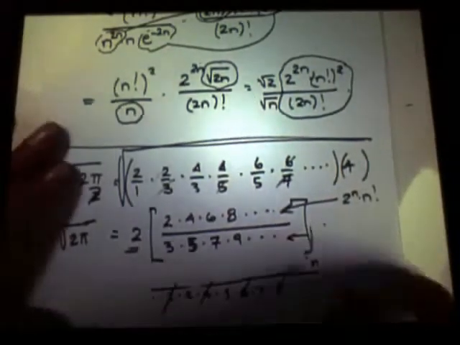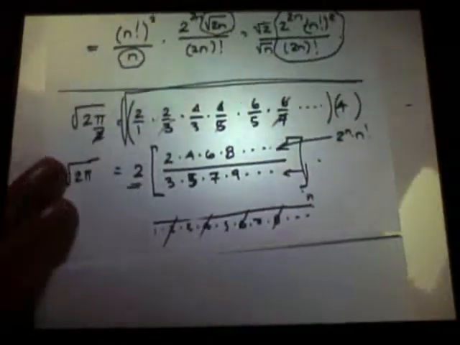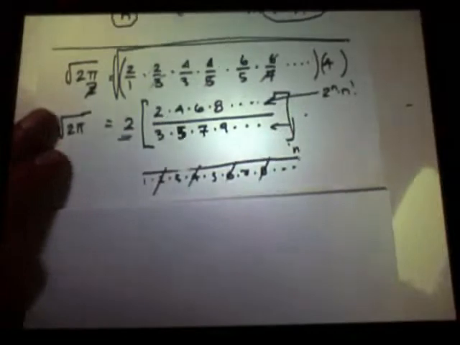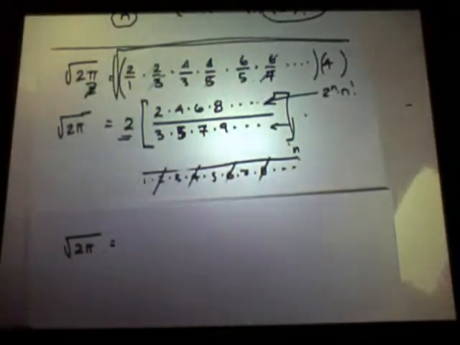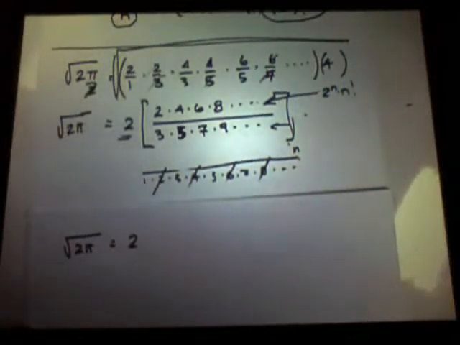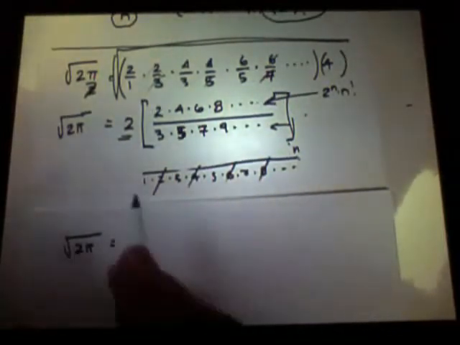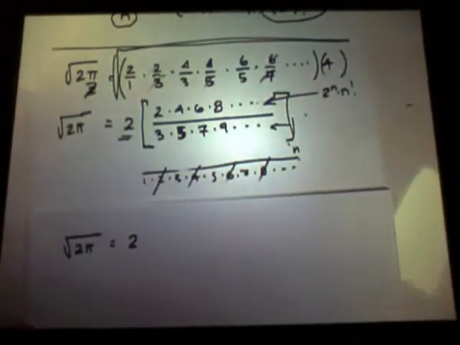So I think at this point I have successfully convinced myself, that may or may not be true, that the square root of 2 pi is equal to 2... that's that 2. Sorry.